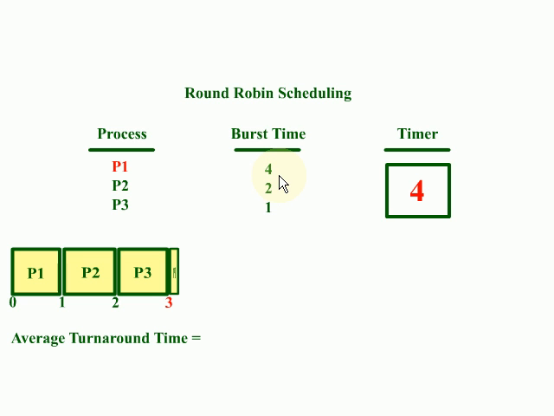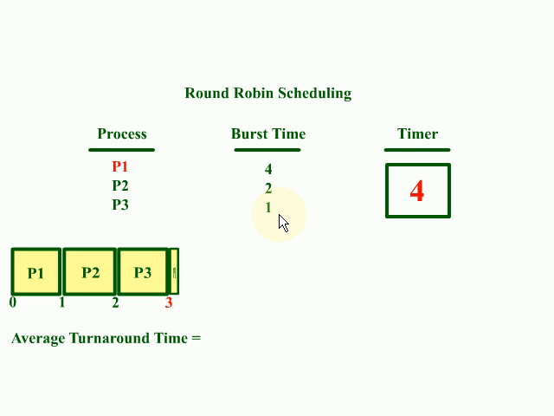As you can see, none of the processes are getting executed completely. First we began with process number 1, P1, which had the burst time of 5, but we executed it for 1 second and then we stopped. Then we came to process number 2, we executed it for 1 second and then again we stopped. Then we came to process number 3, we executed it for a second and then stopped.